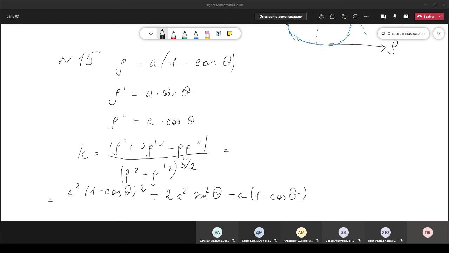It is rho times rho 2 prime a times cosine of theta. Here rho 2 prime modulus over good.